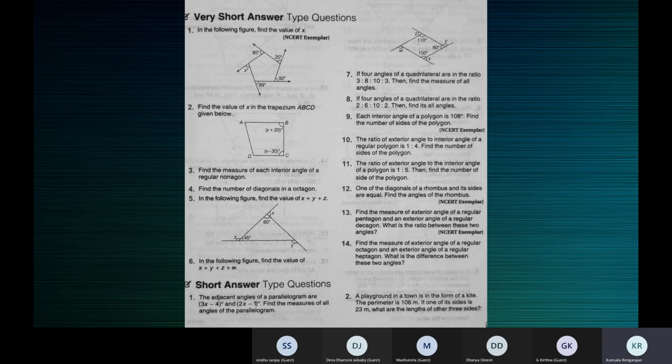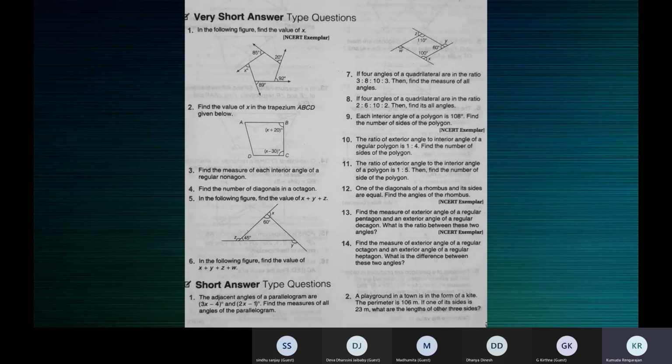Yes, quickly, children. How do we find the value of x? What is the property you will be using? Ma'am, adjacent angles add to 180 degrees. No, but for B and C it works.